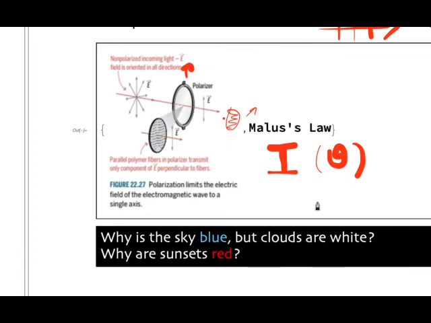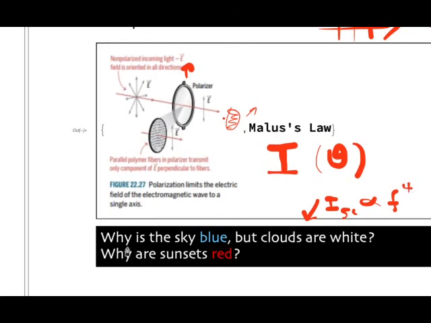So for scattering of light from molecules, where the incident light is sunlight, which is white, the intensity of the scattered light is proportional to the frequency to the power 4. High frequencies have a higher intensity, low frequencies have a lower intensity.